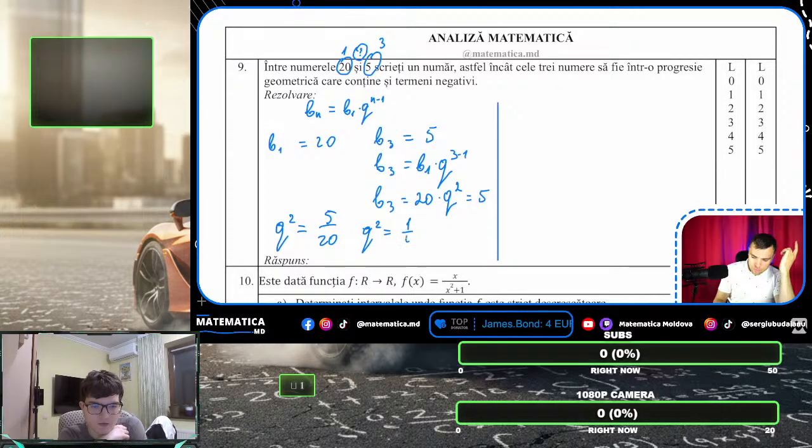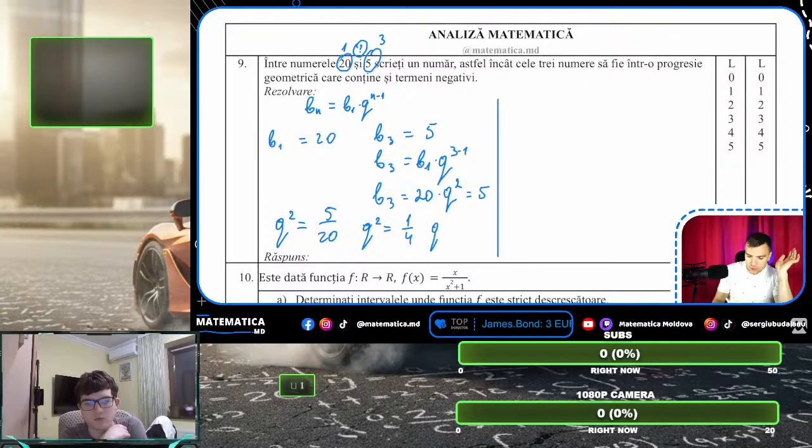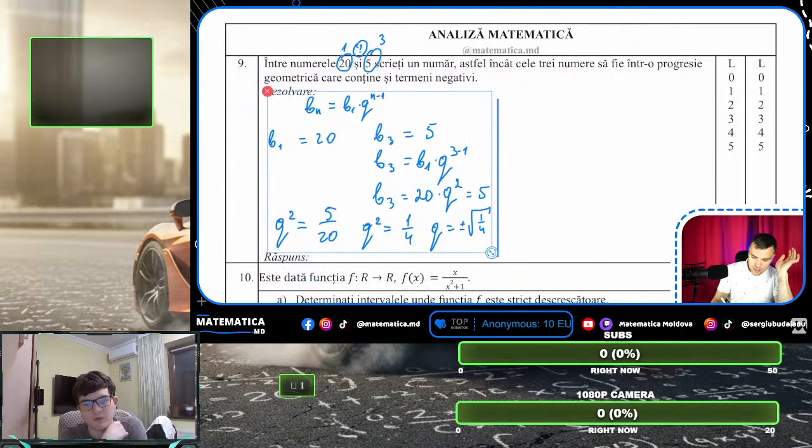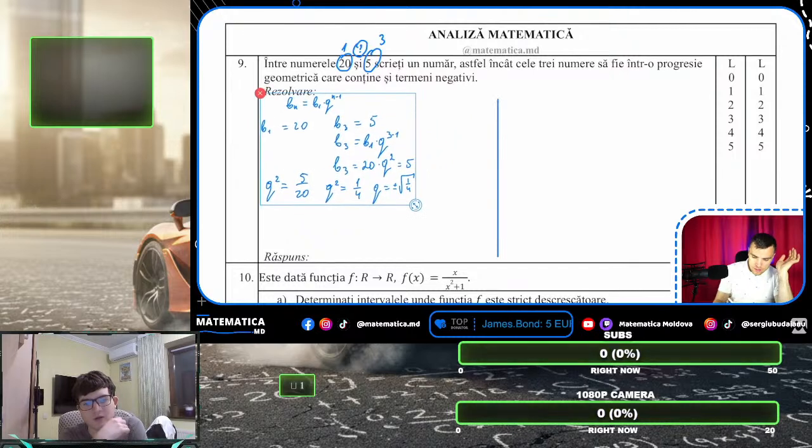So q is 1 divided by 2, like the q, not of second power. Plus minus. You put that in because it can be both placed of a second power and fraction, so it can be negative also. So that's plus minus. Amazing.